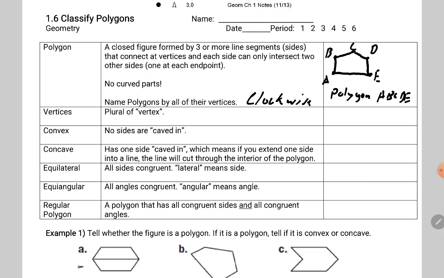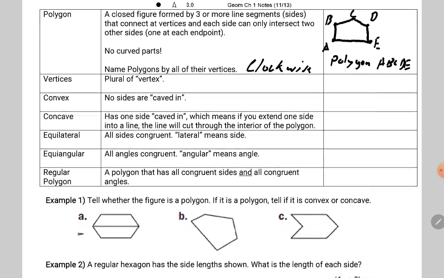So if we start at A, we would say A, B, C, D, E. If we start at D, it would be D, E, A, B, C. But it's just easier to go A, B, C, D, E. Vertices is just the plural form of vertex. So A is a vertex, B is a vertex, C, D, E, they're all vertices.